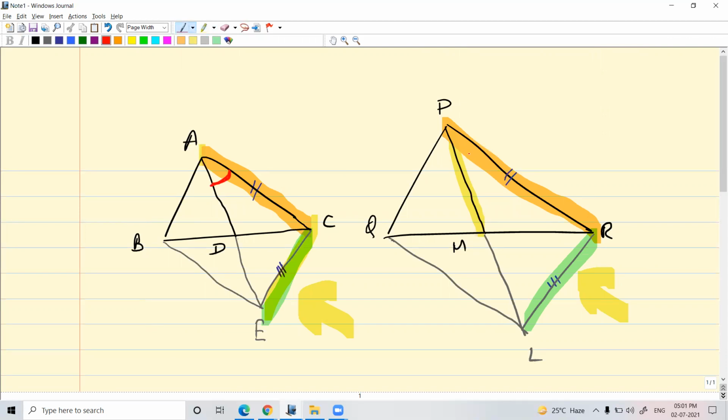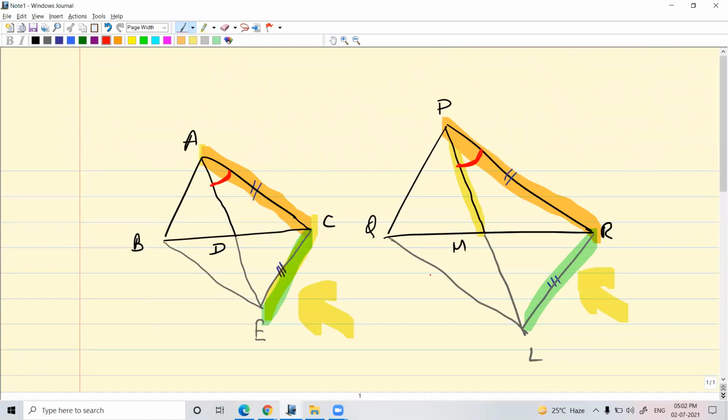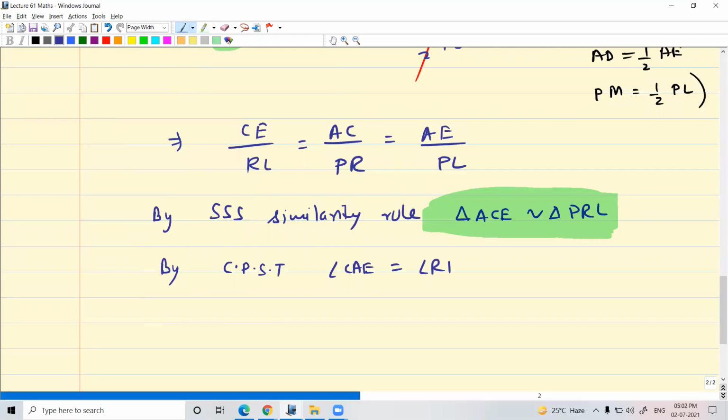See, this angle over here will become equal to this angle, right? Everyone agrees? So I'm going to call it CAE. Angle CAE will be equal to angle RPL. Let's say this is the first equation.